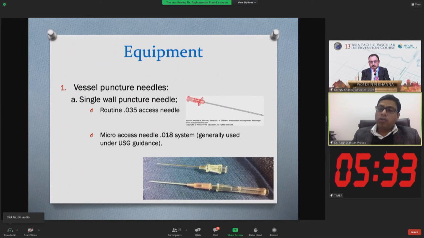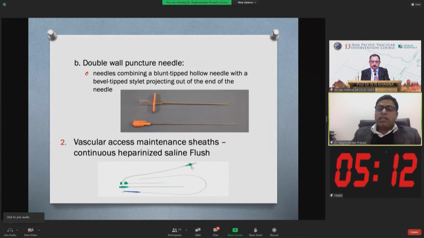If the patient is obese or on any anticoagulation, then instead of the 035 access needle, we should opt for the micro access needle. Anyway, the micro access needle, if you can use it routinely, is safer than the routine 035 access needle.